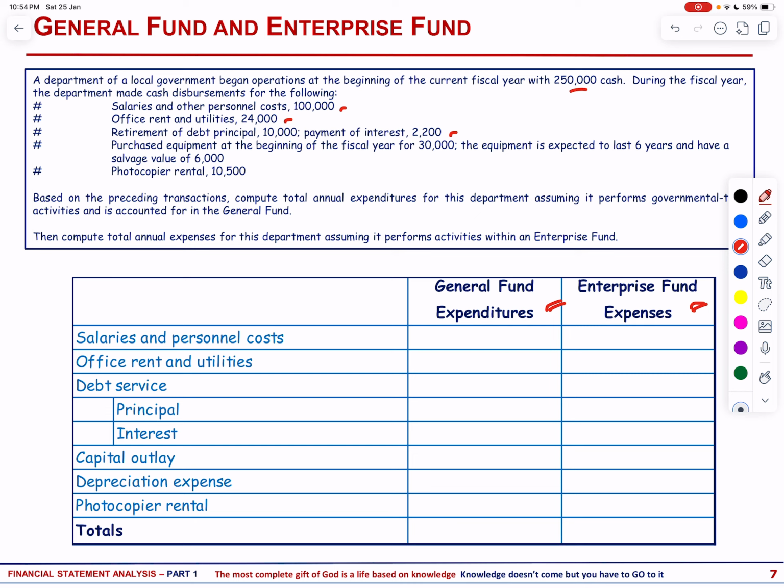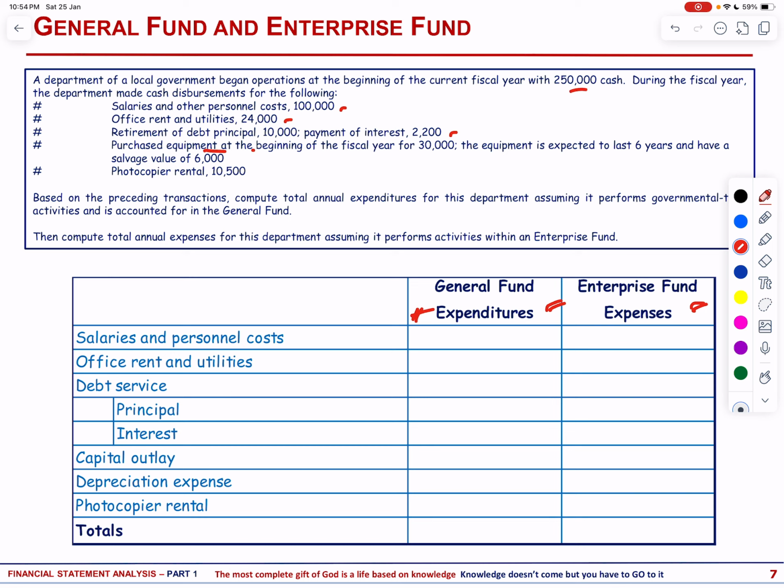Now, under general fund, it is expenditure, it is modified accrual basis of accounting. So we recognize expenditures when the liabilities are incurred, and typically we do not capitalize items like equipment, instead recording their purchase as an expenditure when cash is disbursed. So let us break down the expenditure for the general fund.